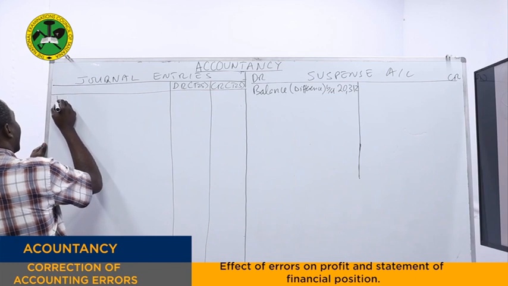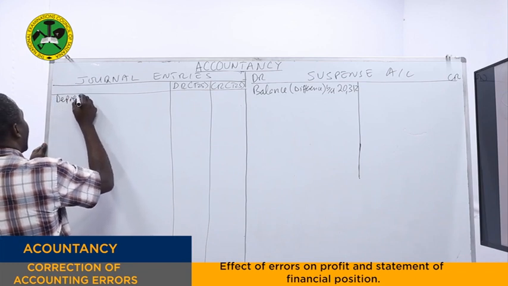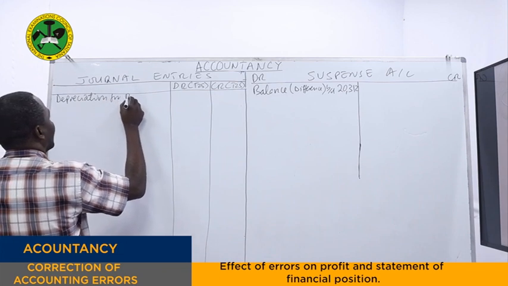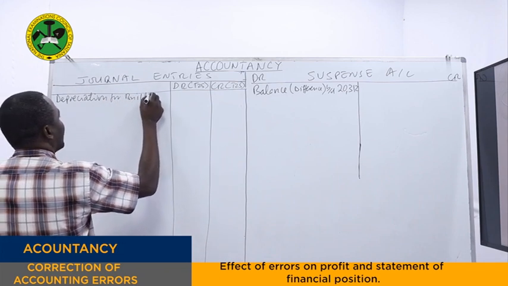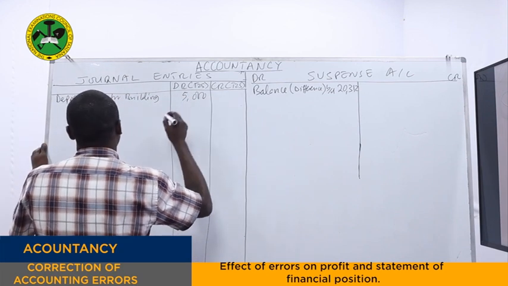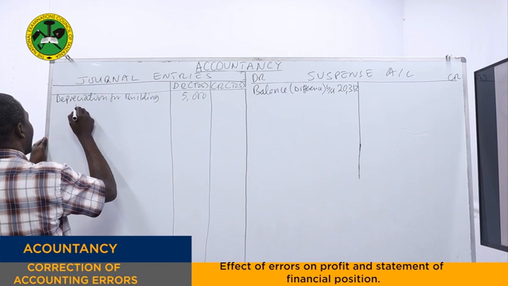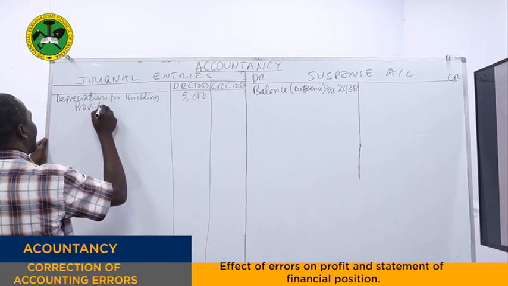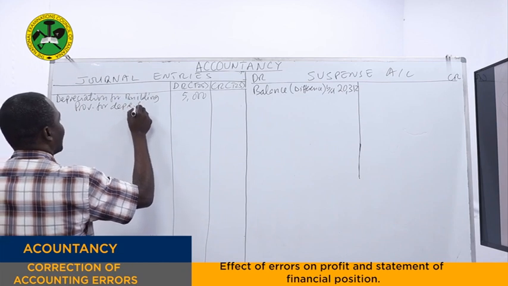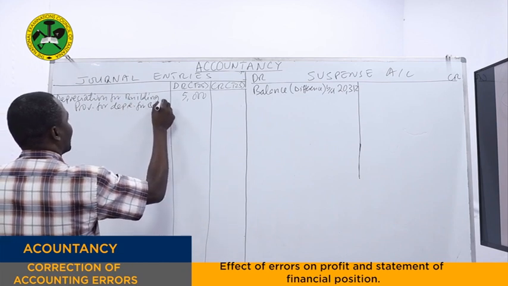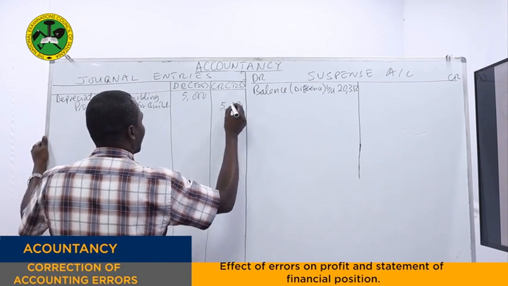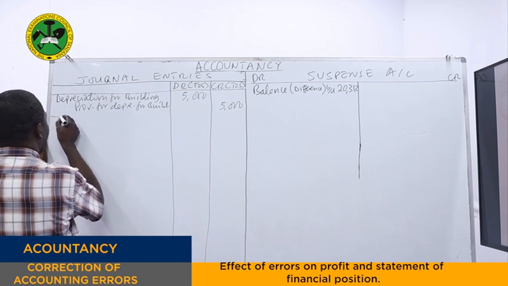We debit depreciation for building, that is 5,000. We credit provision for depreciation for building, that is 5,000. So remember to write the narration.